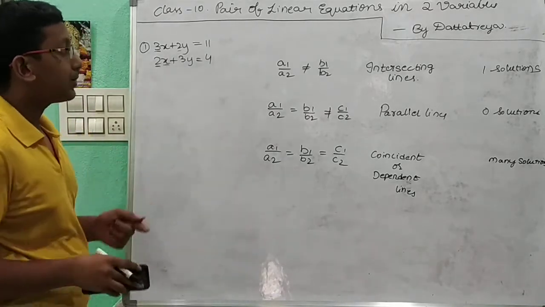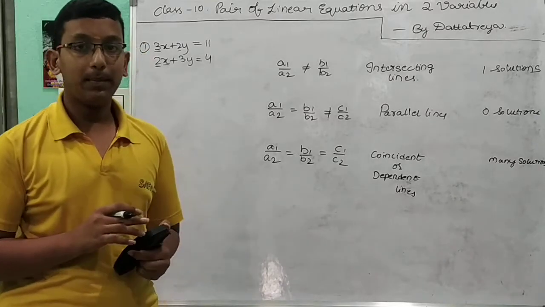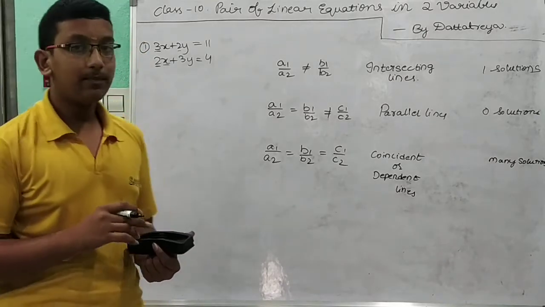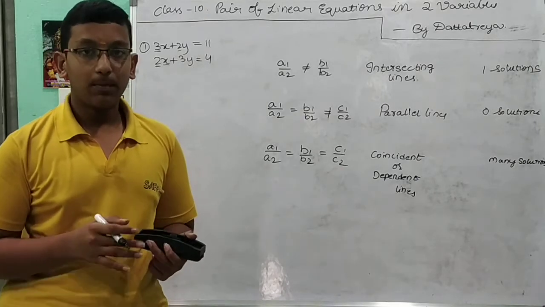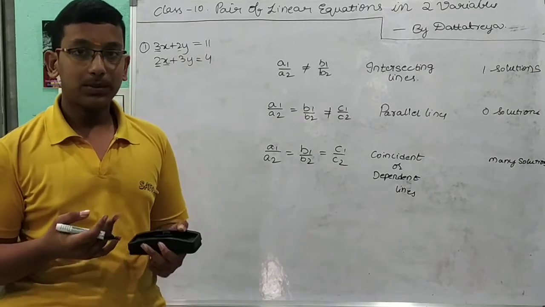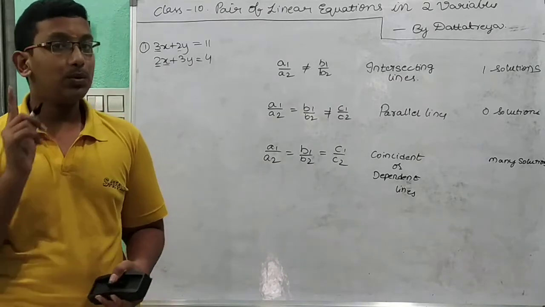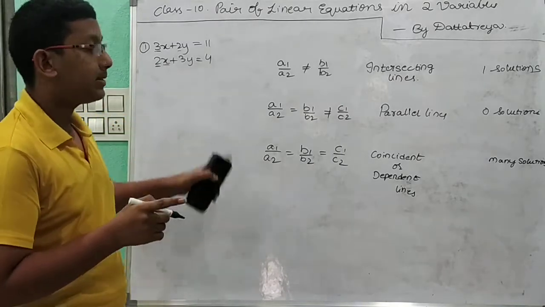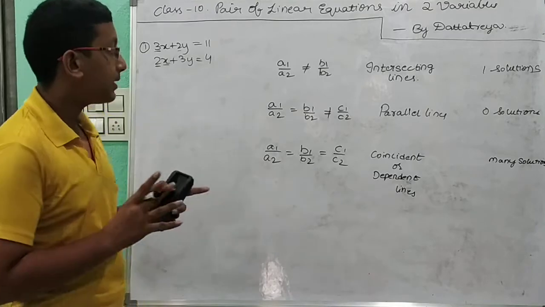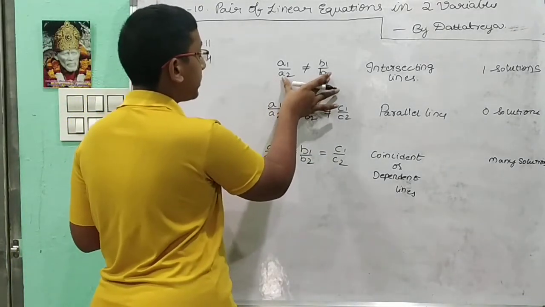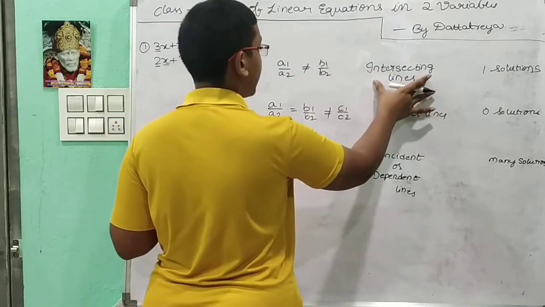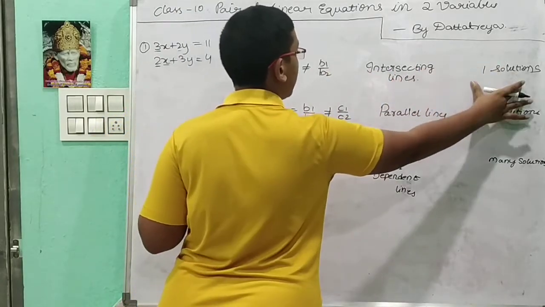This table is very important for doing any problem in this chapter, because some word problems are there, like ratio problems, next class problems, age problems. So many are there. If you want to do those sums, you should know this table. It is very easy: if you remember this one, you should think, intersecting lines, and they have only one solution.